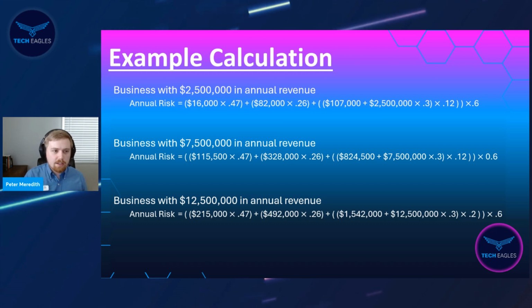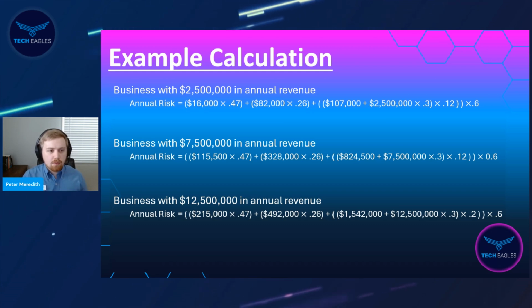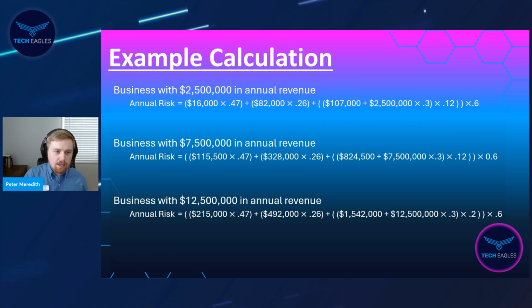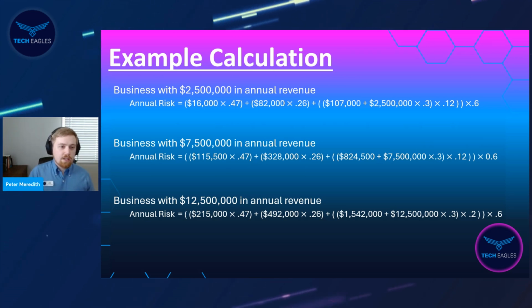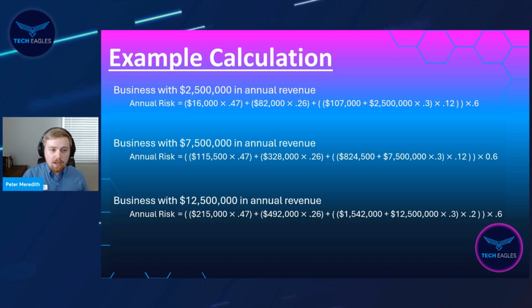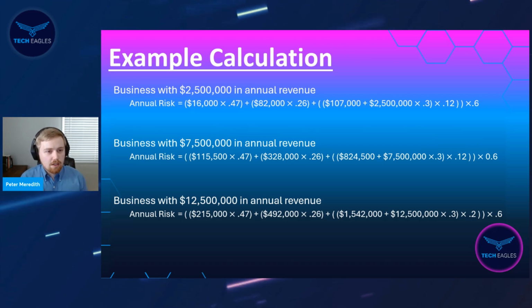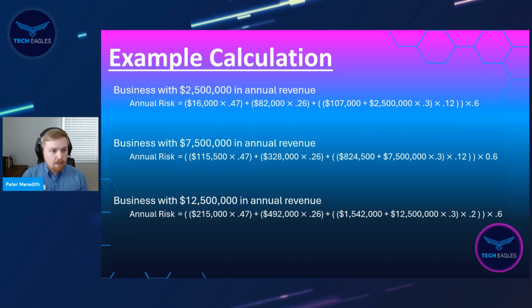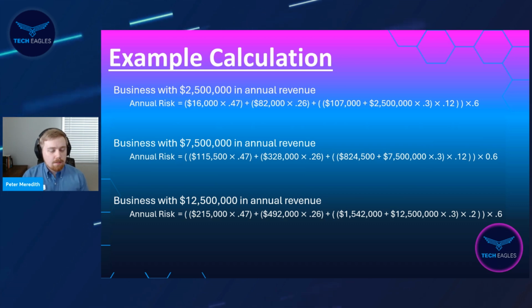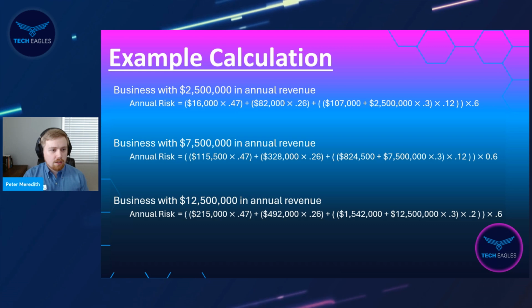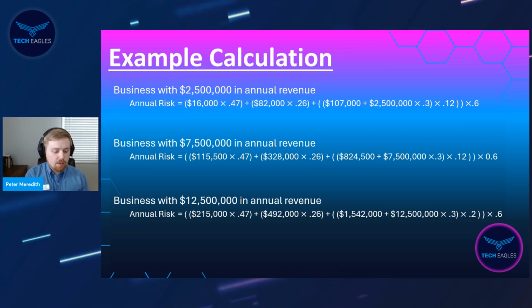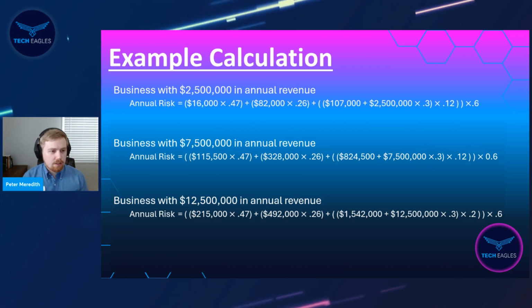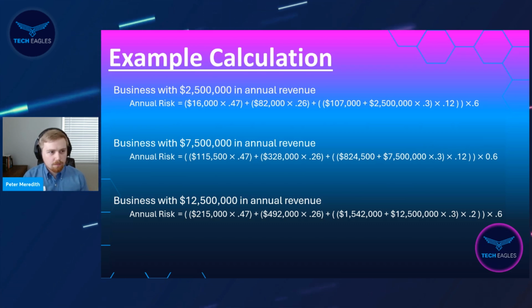So your minor attack is going to be 16,000, your major is going to be 82,000, and your existential attack is going to be 107,000 plus 30% of 2.5 million. And with the medium-sized business and the larger business, I used different numbers within the range that I laid out before.